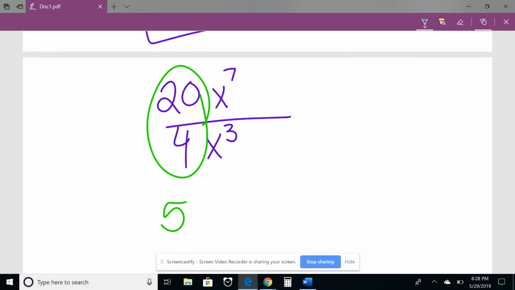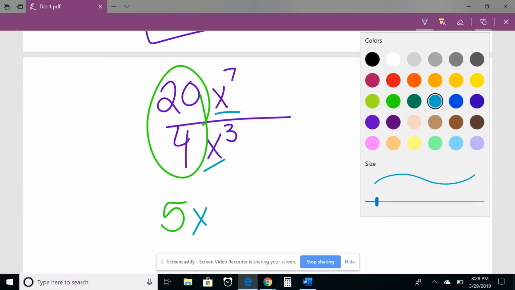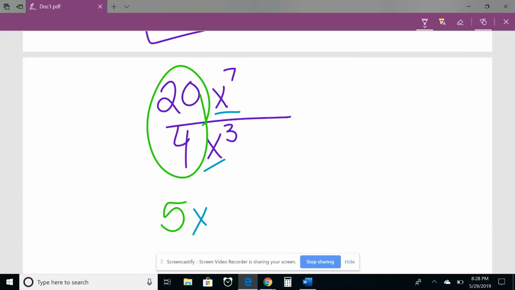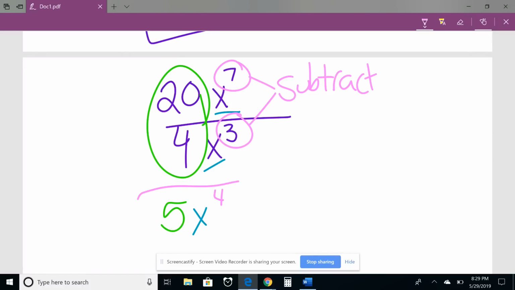Keep the base, and then you subtract the exponents. So that would be 7 minus 3, which is 4. And that would be your simplified answer.